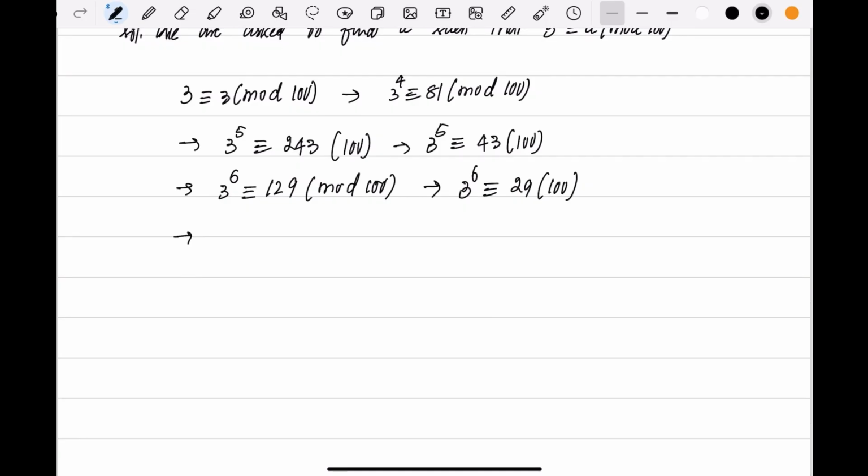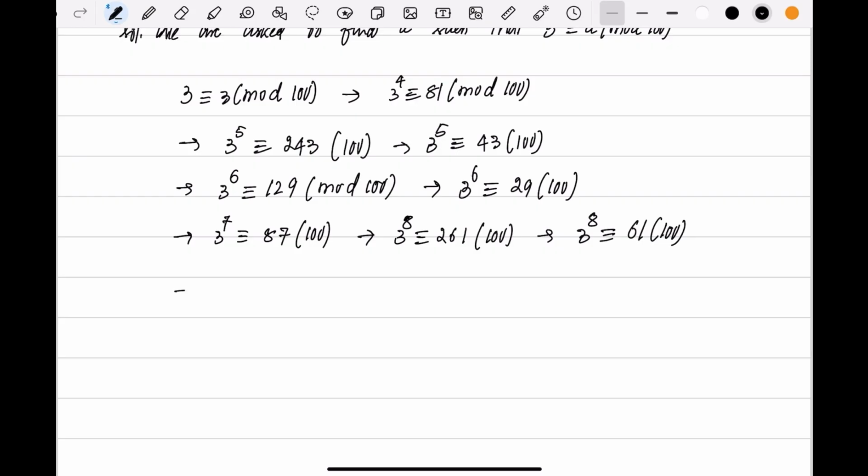Now we have to keep on calculating unless we get some nice number in place of a. So now 3 power 7 is congruent to 87 mod 100. Again multiply by 3, and 3 power 8 is congruent to 61 mod 100.